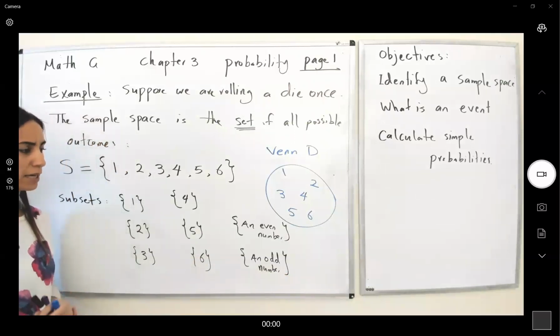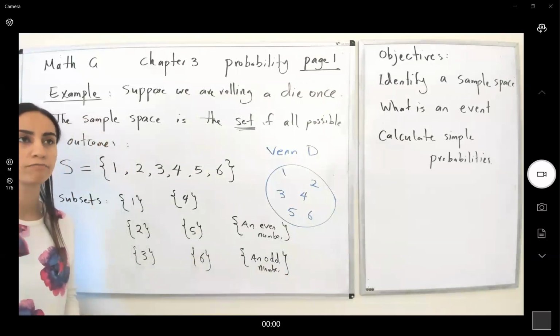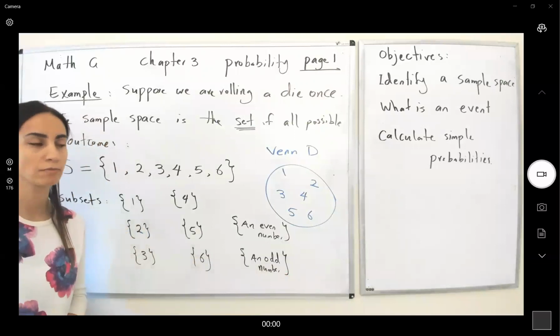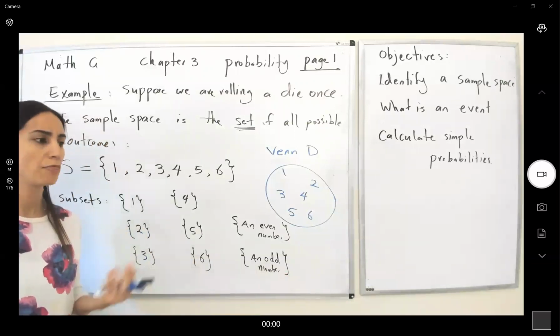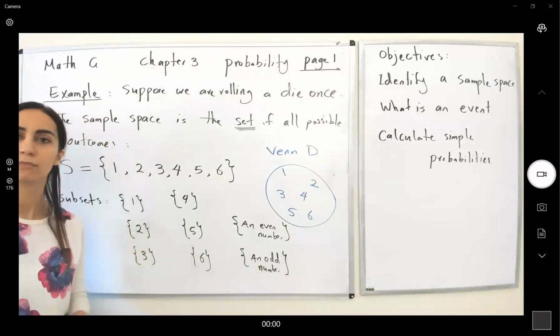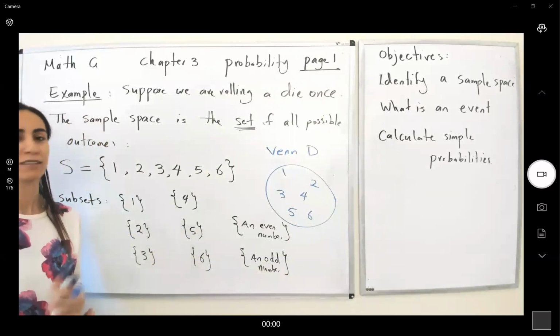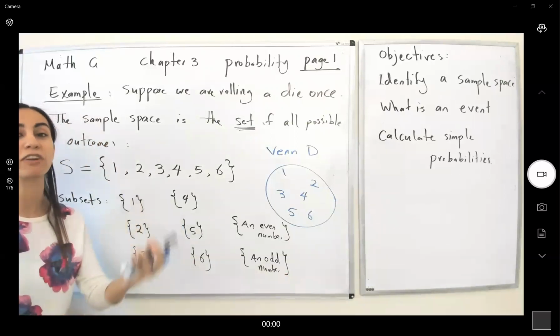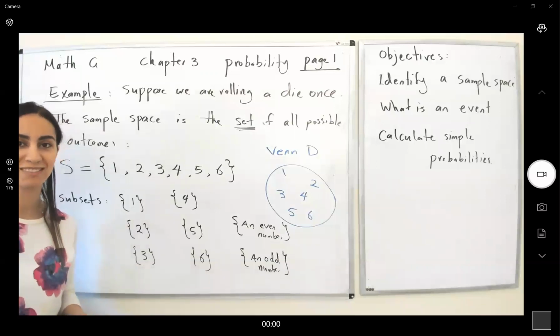You might say, hey, what if I work with numbers less than 3? Numbers greater than 3. Numbers less than 4. Numbers greater than 4, or many different subsets. All of them are possible.